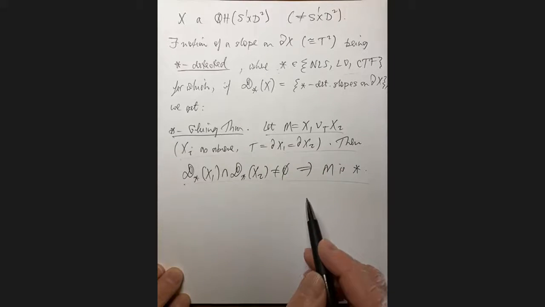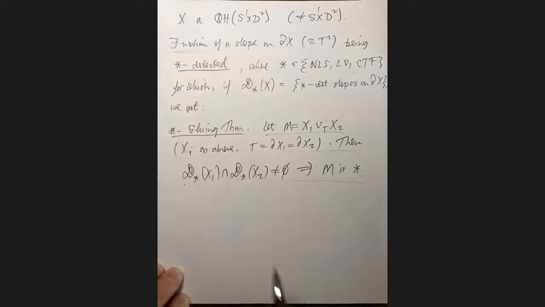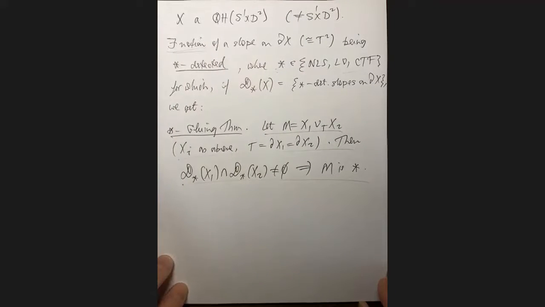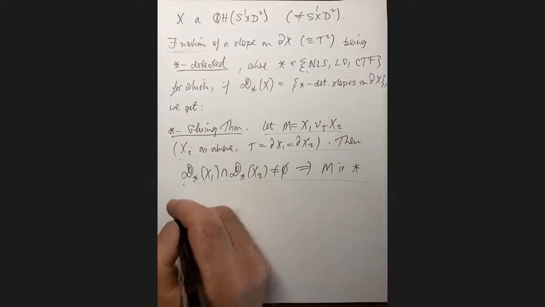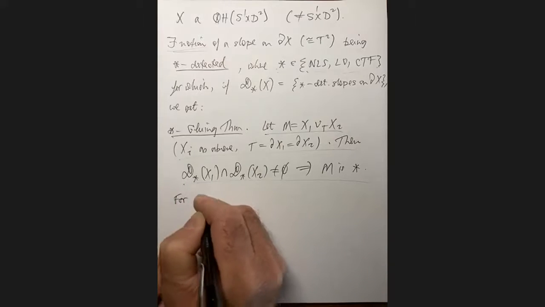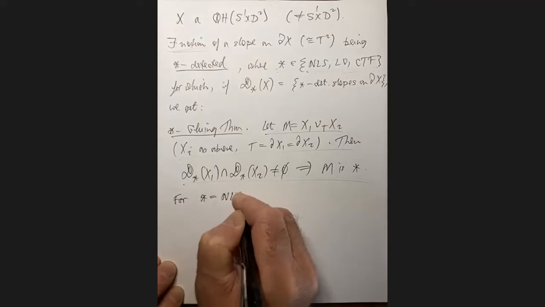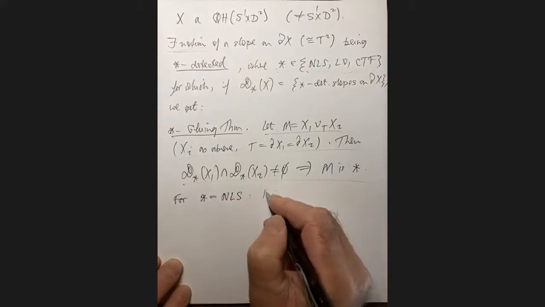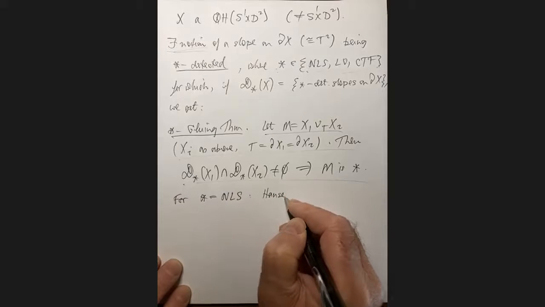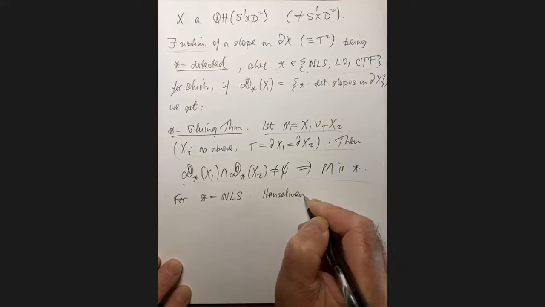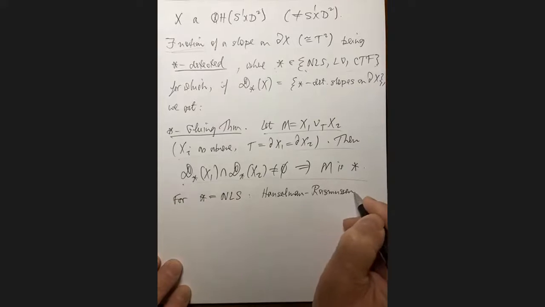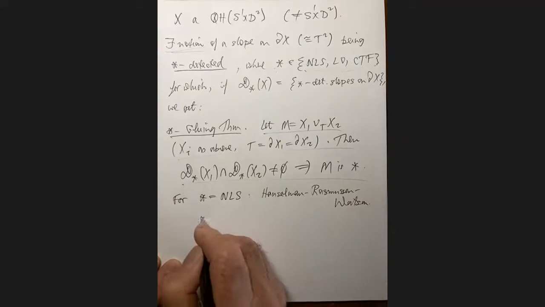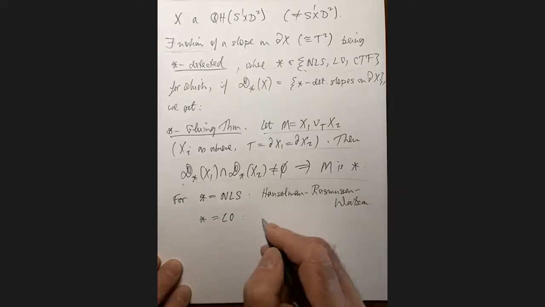Now, the details are obviously different for the three categories here, but for the NLS case, this is due to Hanselman, Rasmussen, and Watson. And in the LO case, this is due to Boyer and Clay.